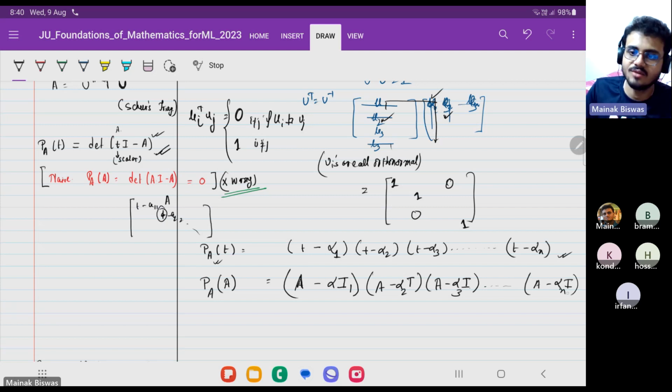Yes or no? This is a very valid matrix equation. Do you agree? Which was not the case here, because t was a scalar parameter. Do you understand now?